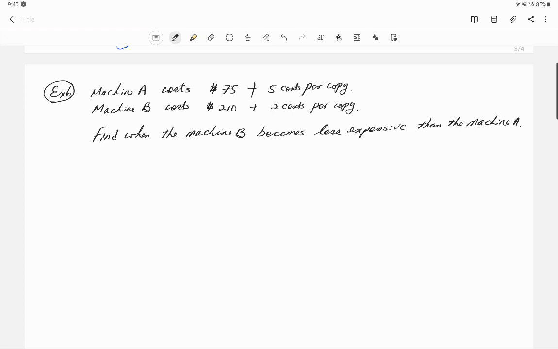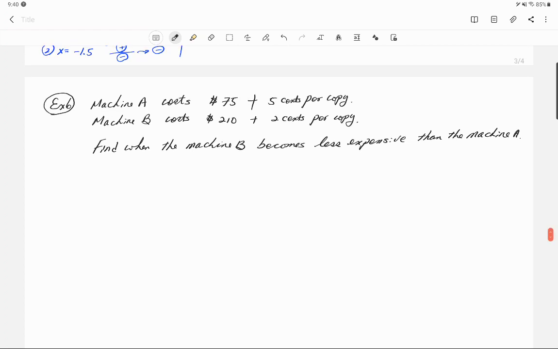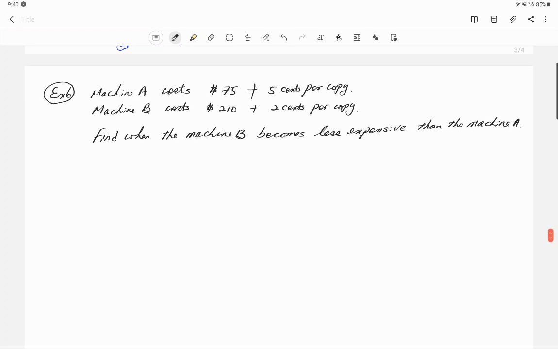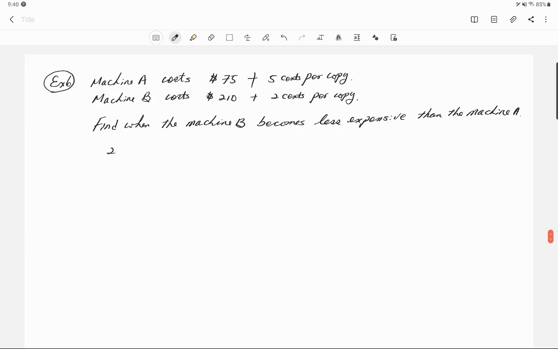So why don't we write two expressions using inequality? The total cost for machine B is $210 plus 2 cents per copy. So let's say you make X copies, then 2 cents is $0.02, right? So this is 0.02 times the number of copies.